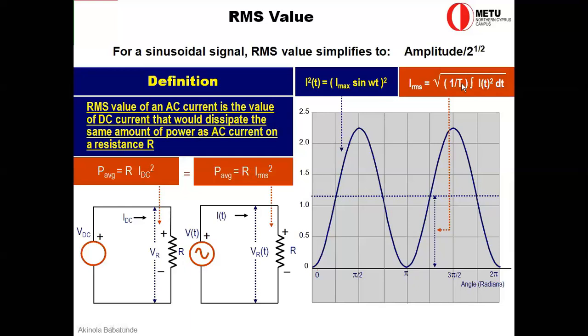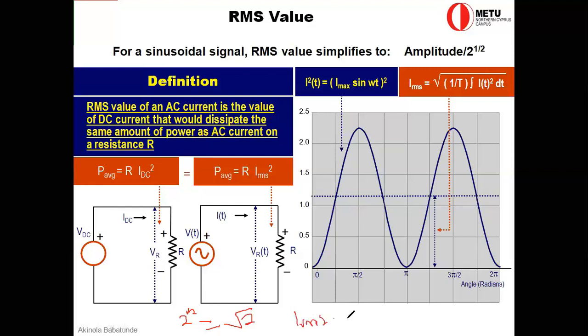And the reason we have this particular RMS is that for a sinusoidal signal, RMS value simplifies to the amplitude divided by 2 raised to power 1 over 2. Don't forget, 2 raised to power 1 over 2 will be the same thing as square root of 2. So if for a sinusoidal signal, RMS value simplifies to the amplitude divided by 2 raised to 1 over 2, it simply means that our I RMS can be equal to the amplitude, which is usually referred to as the maximum value.